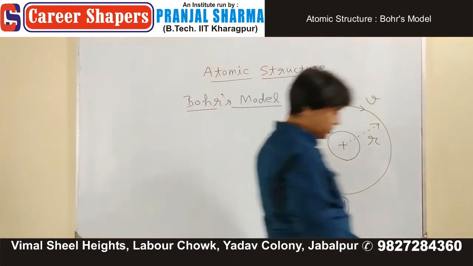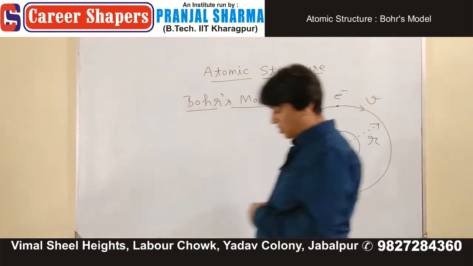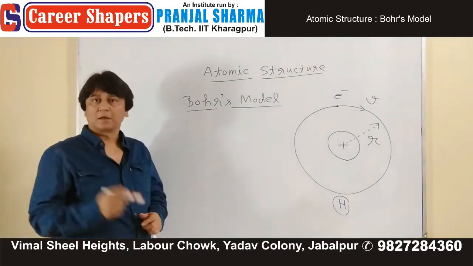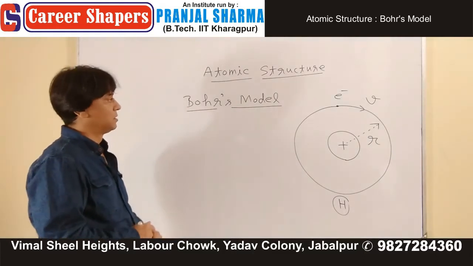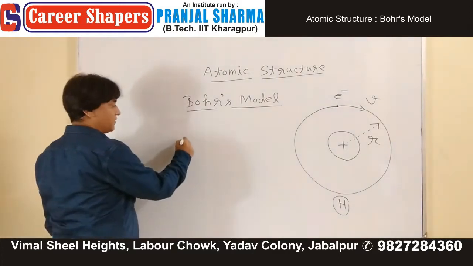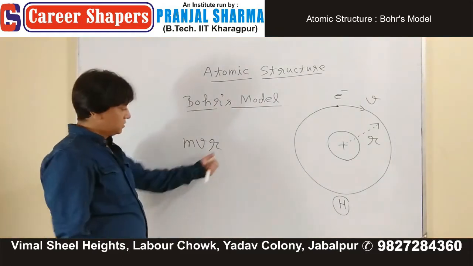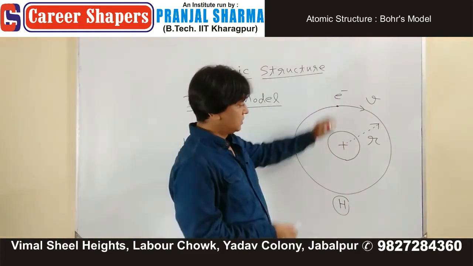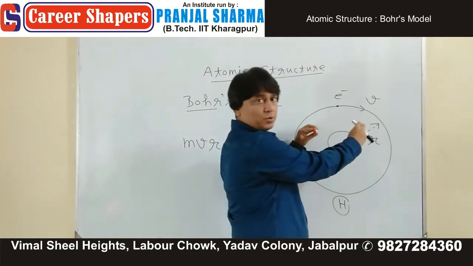Write down our second assumption. Angular momentum of an electron. What is angular momentum? Angular momentum is given by mvr. This is coming from 11th rotational motion. This is the axis, and the electron is moving in this direction, suppose.